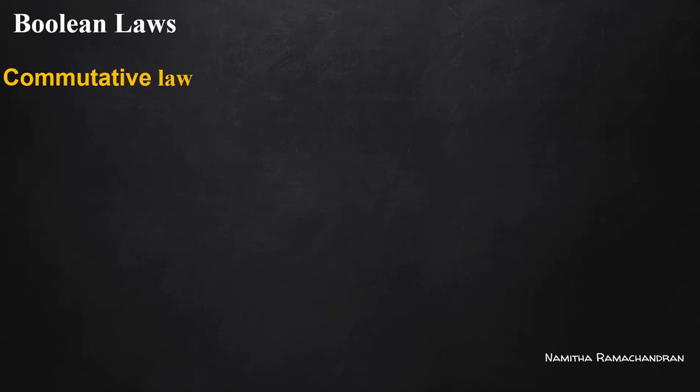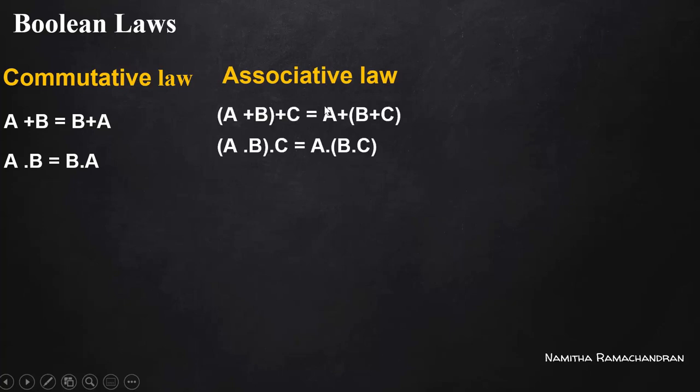That means A or B is equal to B or A. A or B generates a result which is equal to the result generated by B or A. Similarly, for AND operation also, the order of the variables is not important. We can change the order of the variables, but it generates the same result. That is commutative.